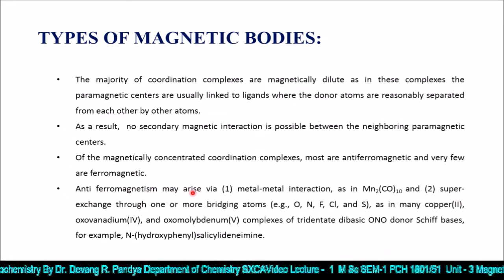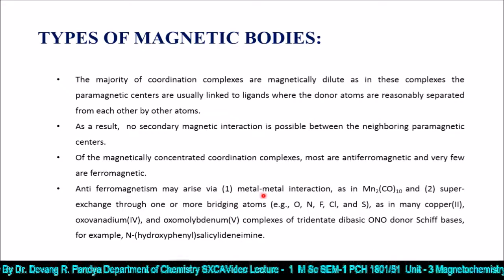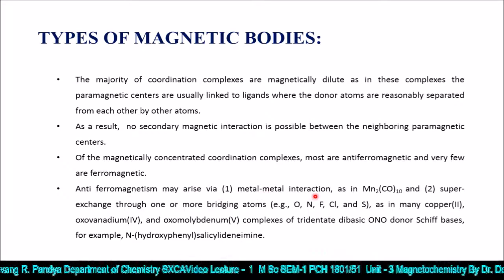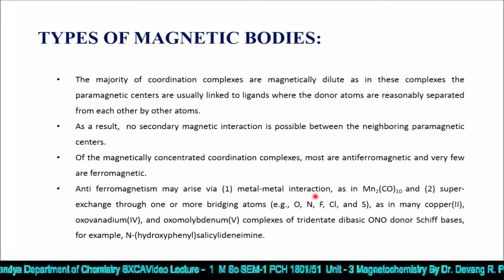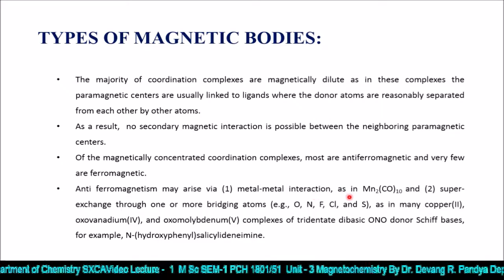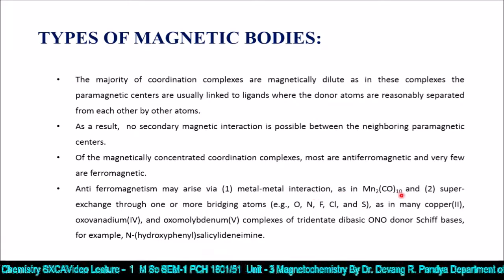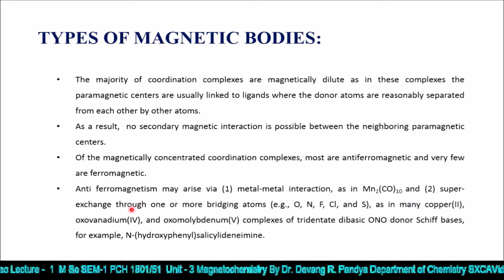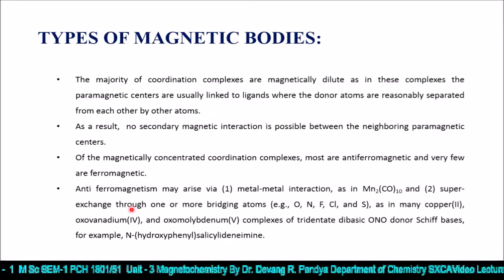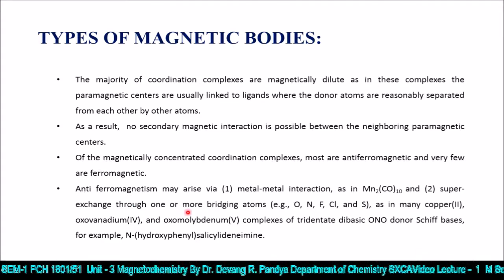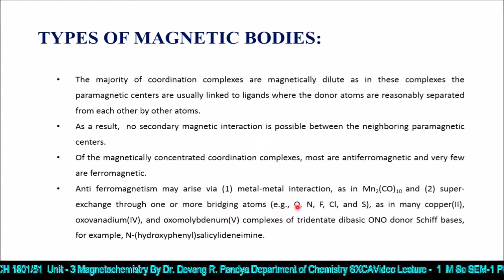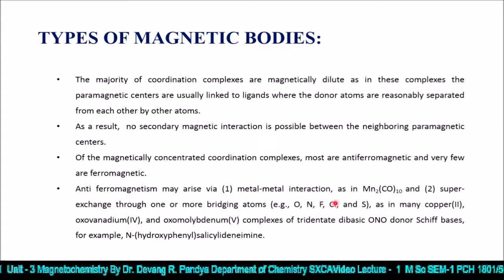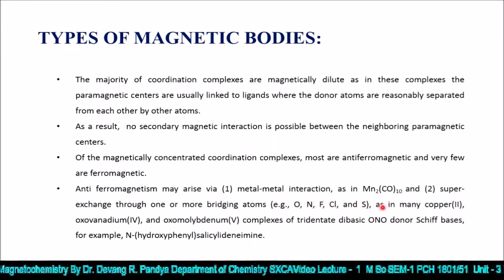Antiferromagnetism may arise via metal-metal interaction, which we are going to learn about in the exchange pathway, as in Mn2(CO)10, and via superexchange, which we also are going to study in the last part of this unit, through one or more bridging atoms like oxygen, nitrogen, fluoride, chloride and sulfide.